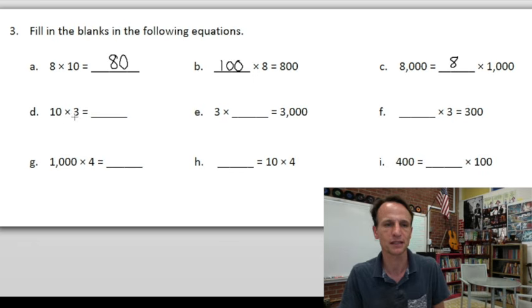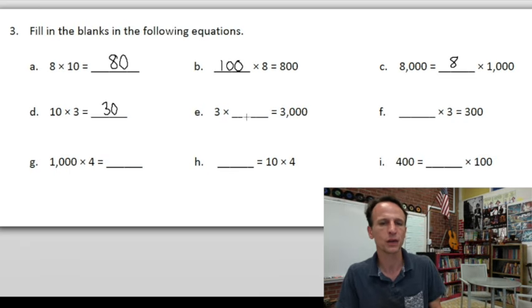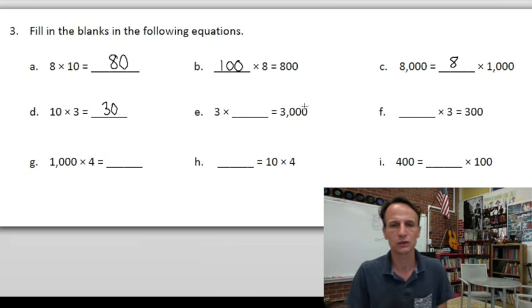All right, so 10 times 3, similar to this 8 times 10, right? Just reversing, putting the 10 first, so obviously it's 30. And now 3 times what is 3,000? And again, you can find an analog over here. 8 times 1,000 is 8,000. 3 times 1,000 is 3,000.